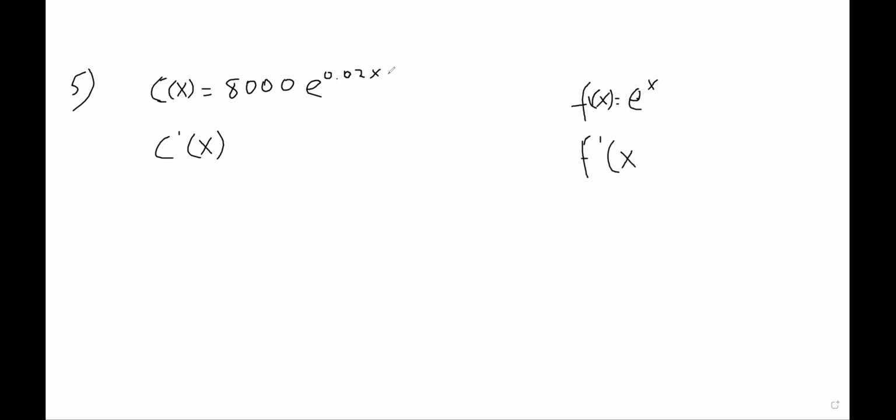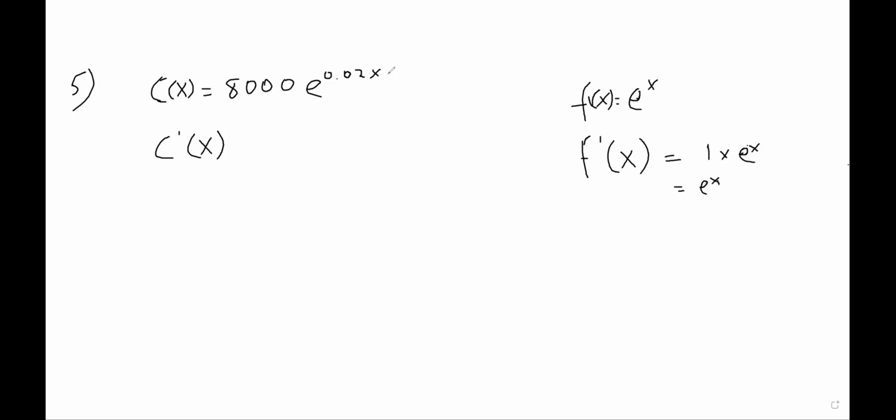Meaning that our f prime is going to be equal to the differential of what the power is raised by, which is x. The differential of x is going to be equal to 1. And then we carry down the 1 and multiply that by the original function. So it's just going to be equivalent to 1 times e to the x, which is the same as e to the x.